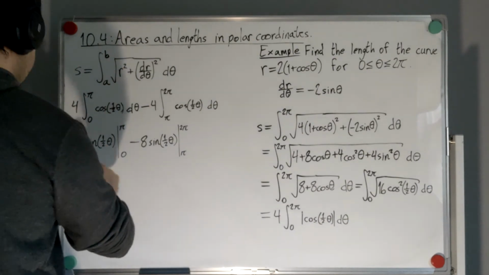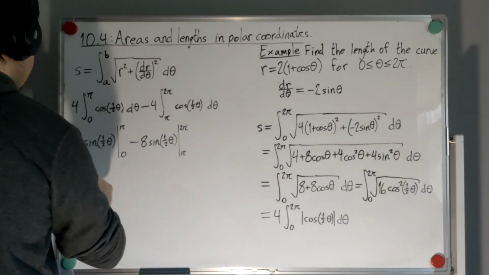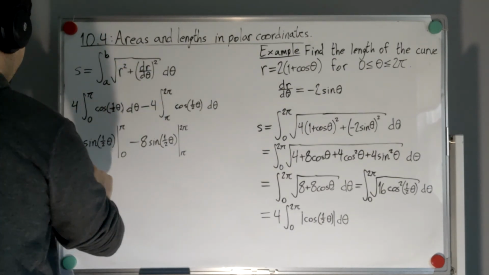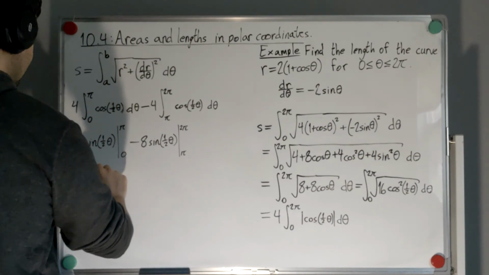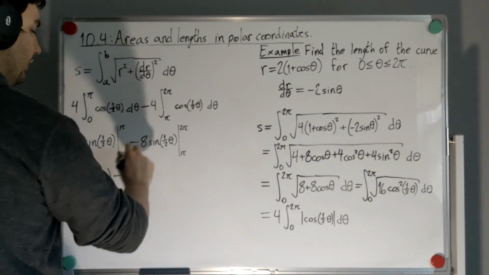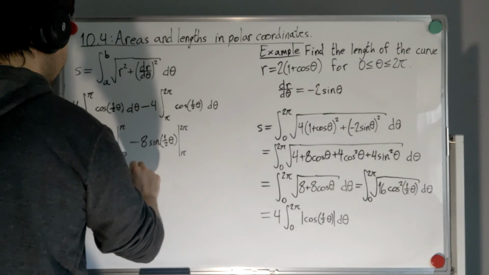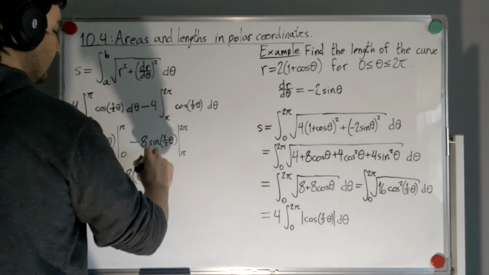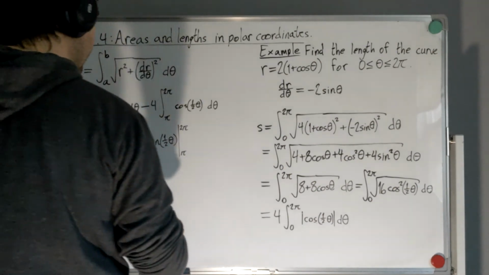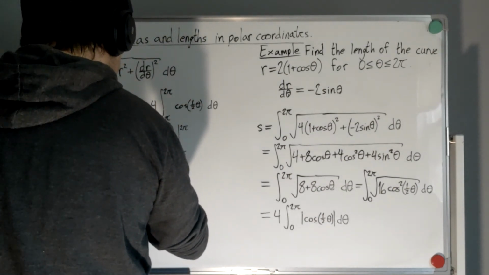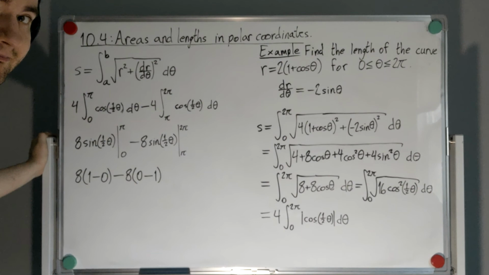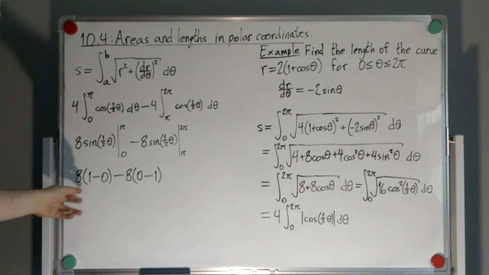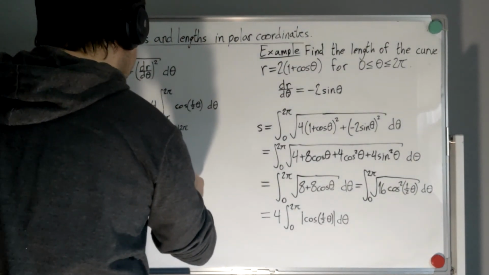So 8 times sine of pi over 2 is 1. Sine of 0 is 0. Then over here we have 8 times sine of pi is 0. Sine of pi over 2 is 1. And then this turns out to be 16.